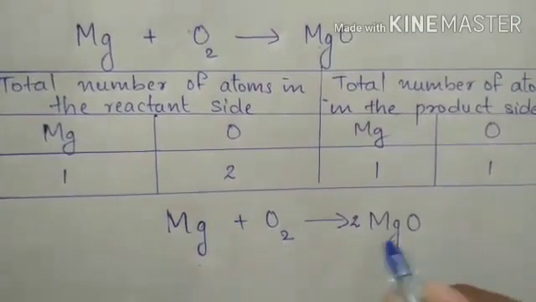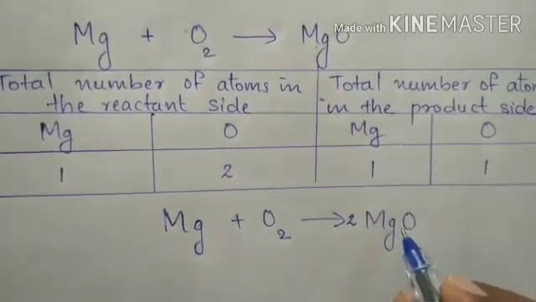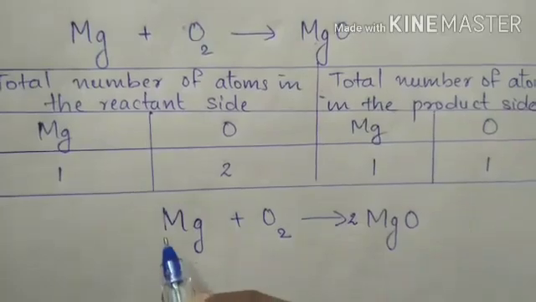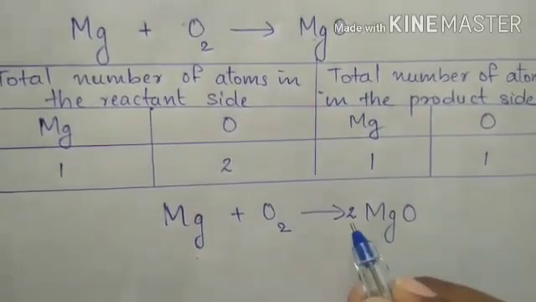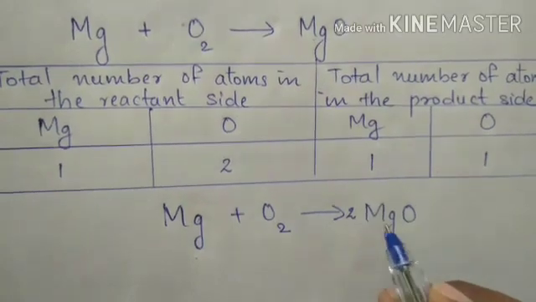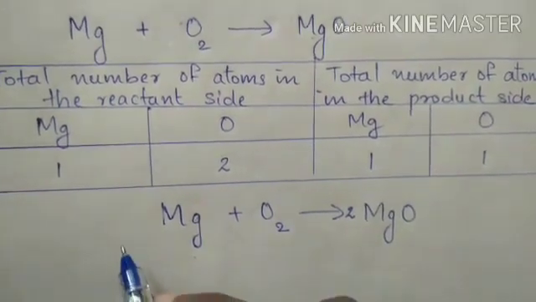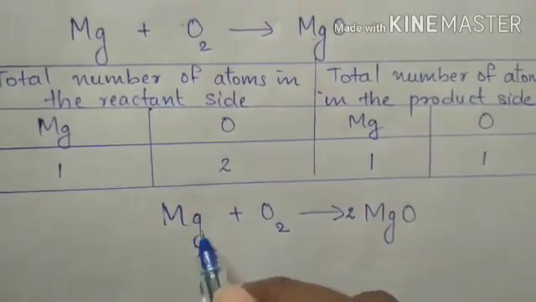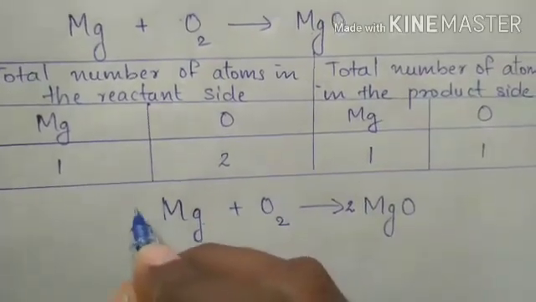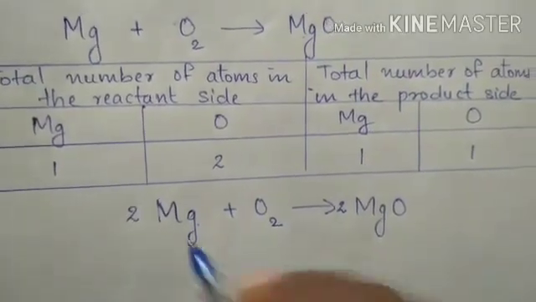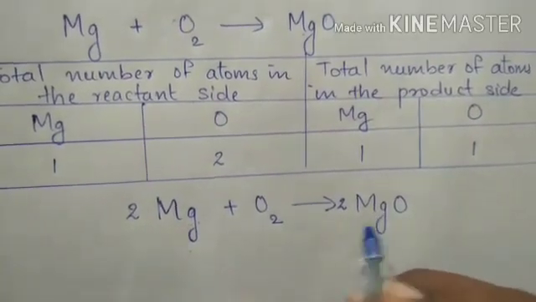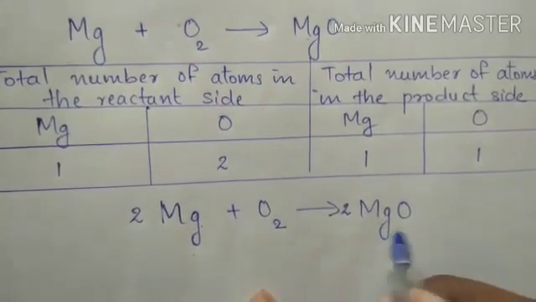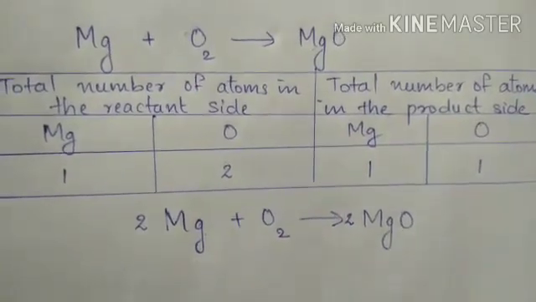See, the number of oxygen atoms on both sides is balanced now. But what about magnesium? It is 1 on the left and 2 on the right. So how many magnesium atoms are needed on the reactant side? Yes, multiply the magnesium on the left side by 2. Now we get 2 Mg plus O2 gives 2 MgO. This is the balanced equation.